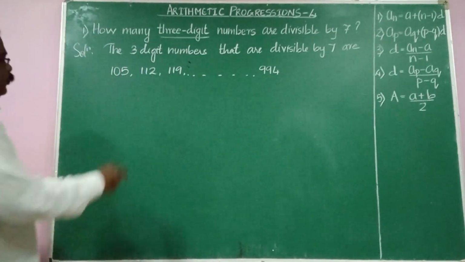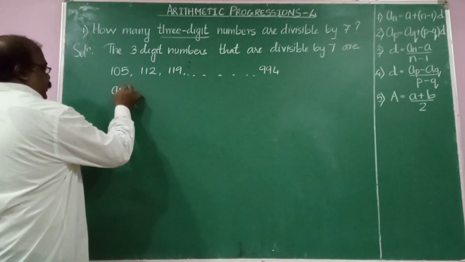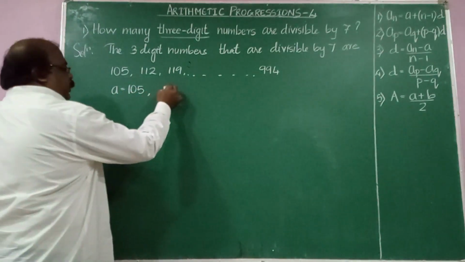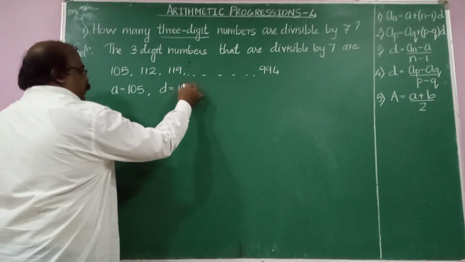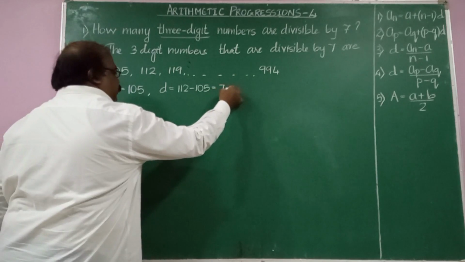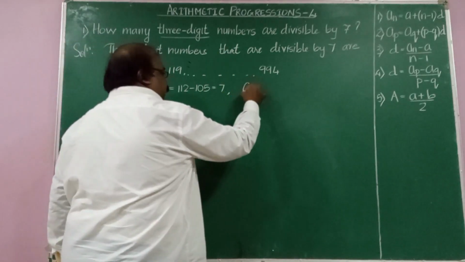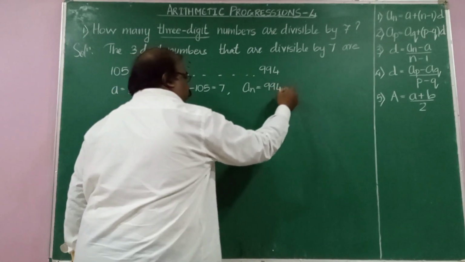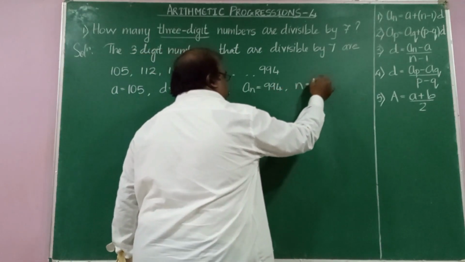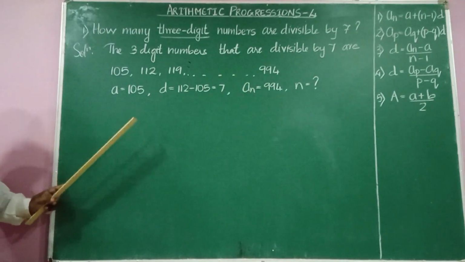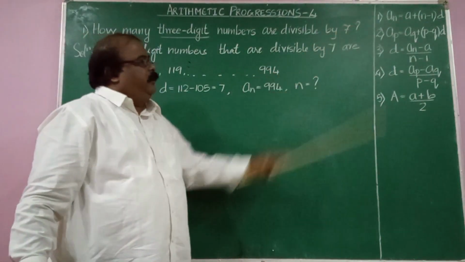So what is given to you? You know that the first term is 105. The common difference is 112 minus 105, which is 7. I know that the nth term is 994. I am asked to find the value of n. So let me use the same formula.